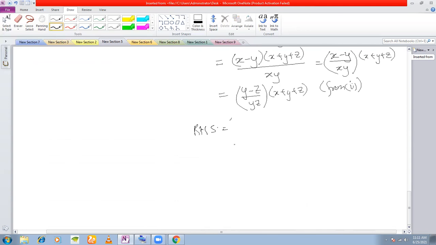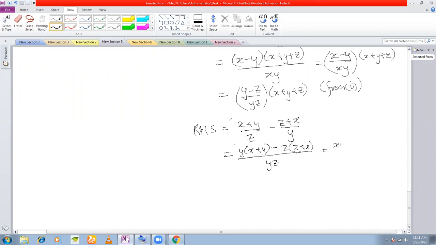The right hand side here is (x+y)/z minus (z+x)/y, right? Now we want to show the right hand side is equal to the left hand side. So yz, take the LCM, you get y(x+y) minus z(z+x) if you take the LCM.